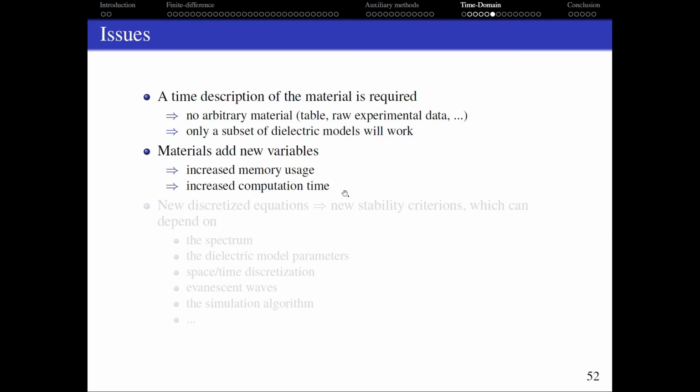So the more complex materials you have, the more memory they will take for their own calculation. And that also means that you will increase the number of equations that you need to update in your algorithm. And so that will increase the total computation time of your simulation.